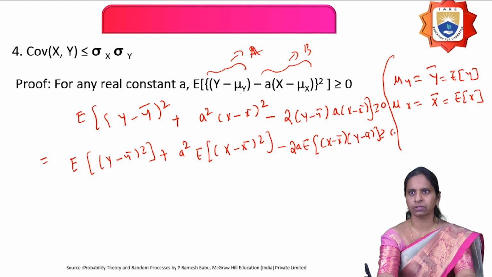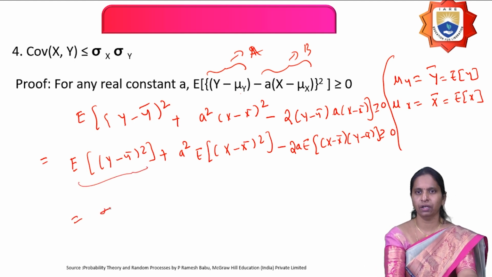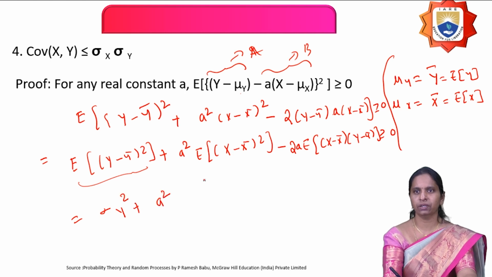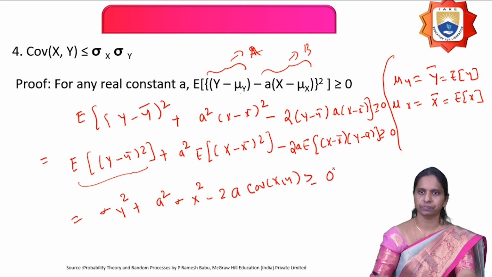Which is greater than or equal to 0. Now what is the expectation of y minus y bar whole square? Nothing but the variance of the variable y. Plus a square into, what is the expectation of x minus x bar whole square? Nothing but the variance of the variable x, minus 2a into, what is the expectation of x minus x bar into y minus y bar? That is nothing but covariance of x comma y. So this is greater than or equal to 0.